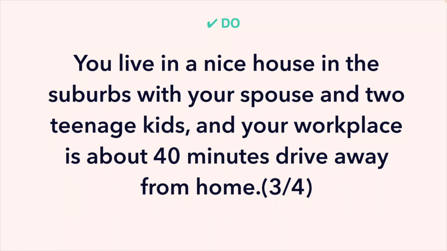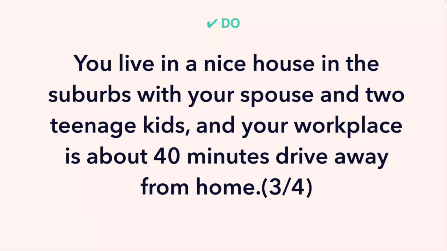And now we're going to make it even deeper. So you live in a nice house in the suburbs with your spouse and 2 teenage kids, and your workplace is 40 minutes away from home. So we've added a little bit of a curveball there, because we've brought in the family situation. And as you know, Porsche are well known for their small 2-seater sports cars.